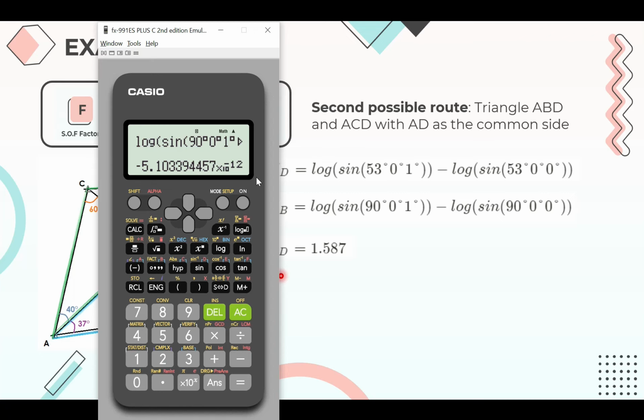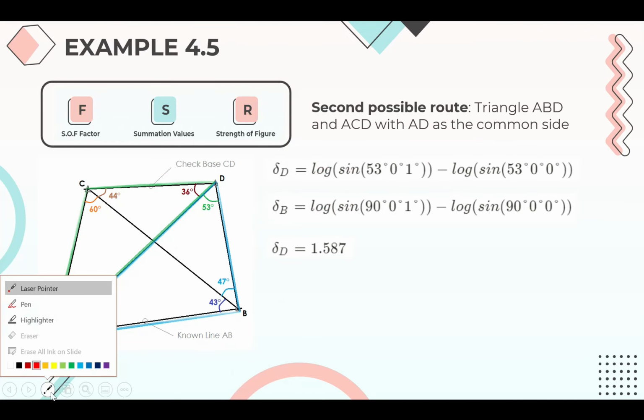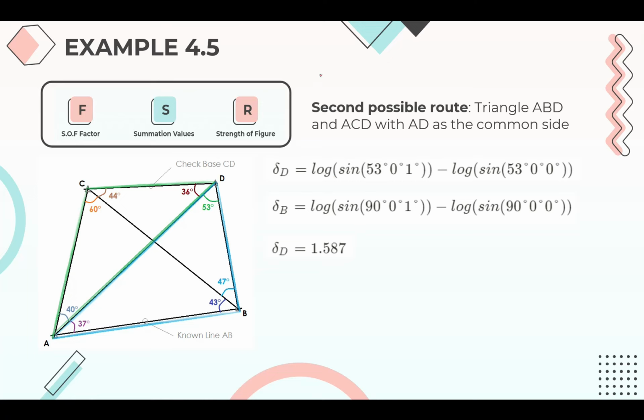So, unsa naman na siya? 0.0000 something. That should yield a decimal with 11 zeros before the 5 10. The definition ba is 6 places. So, 1, 2, 3, 4, 5, 6. And that's basically 0. Okay? So, our delta B value is 0.